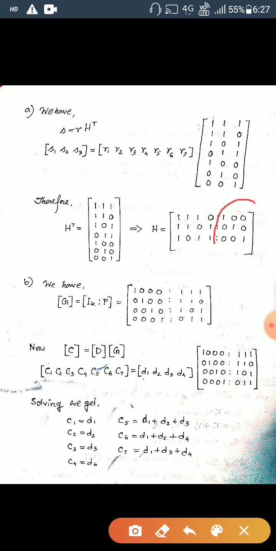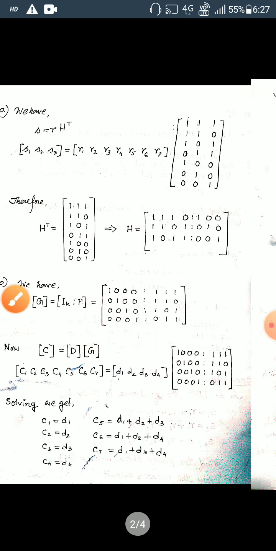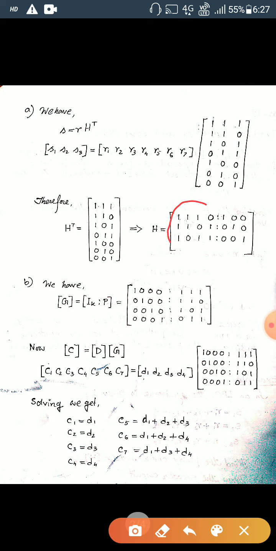Here, if you check, the left hand side indicates the parity part in transpose form, and the right hand side indicates the identity matrix. So this side indicates the P transpose.